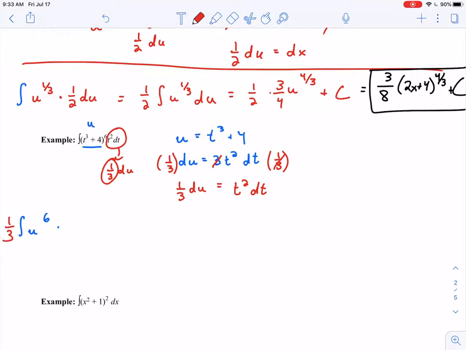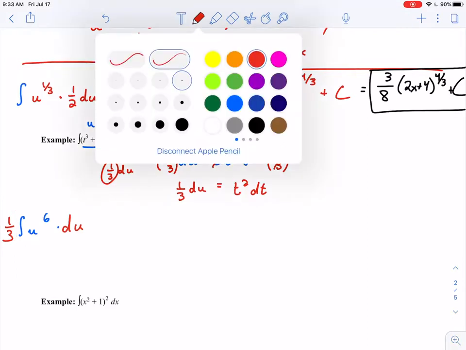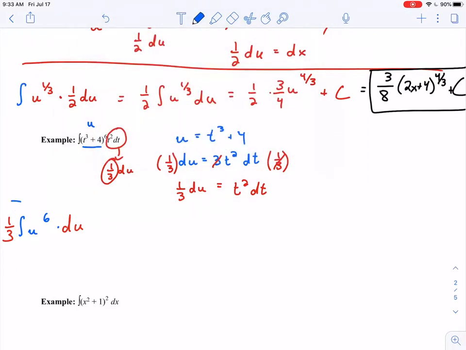So 1/3 times the integral of u to the 6th times du. I just skipped a minor step here in substituting in the exact order that it's written, because I know I'm going to want to factor out this constant multiple. Why don't I just get it over with right now?